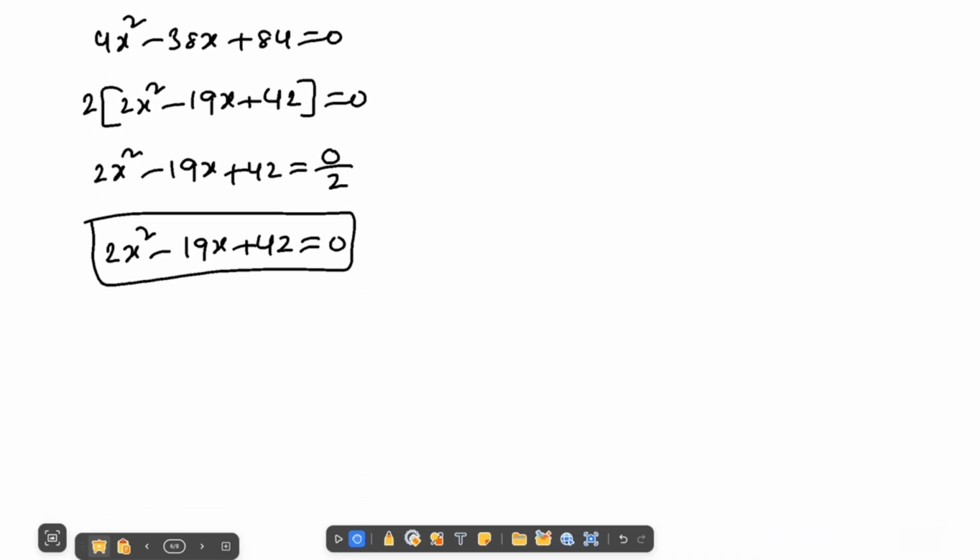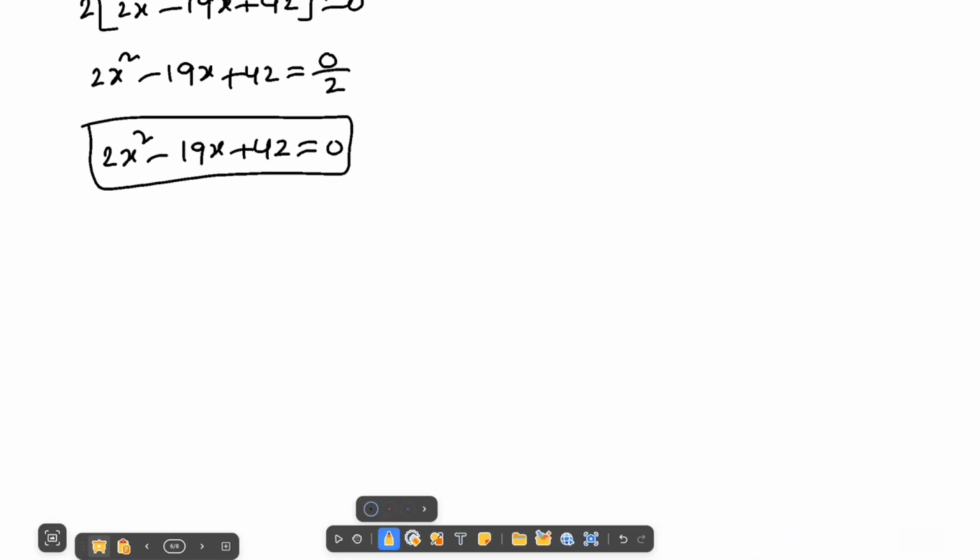Let's find it. For that we need to multiply the coefficient of x², 2, and the constant term 42, so it is equal to 84. The factors of 84 must be such that if we multiply we should get plus 84, and if we add we should get the middle term, minus 19. So what are the suitable factors? Let's prime factorize 84: 2, 42, 2, 21, 3, 7.